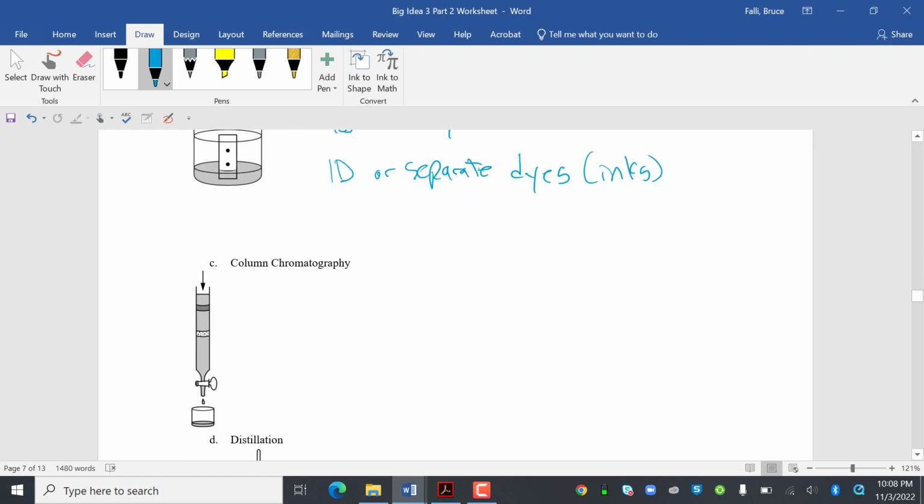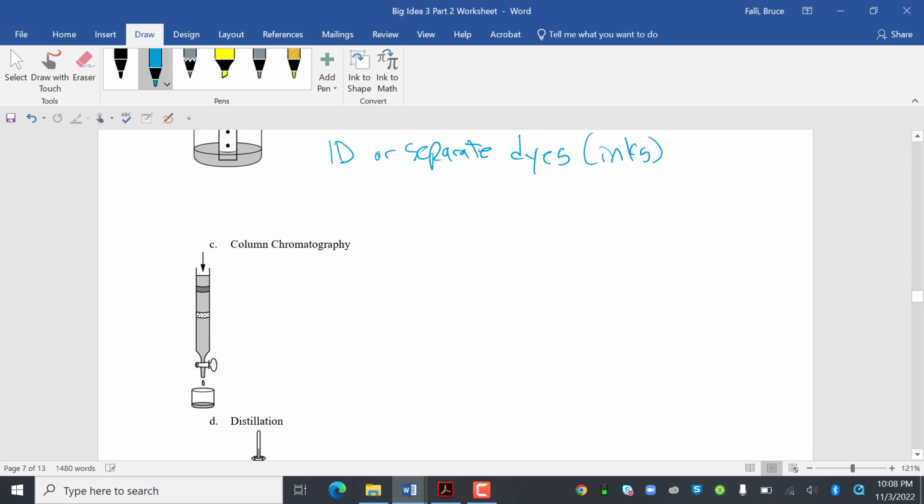Column chromatography. Briefly describe it. Flush a liquid mixture through a polar-filled burette.